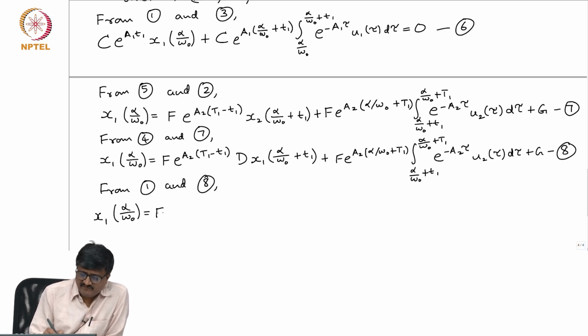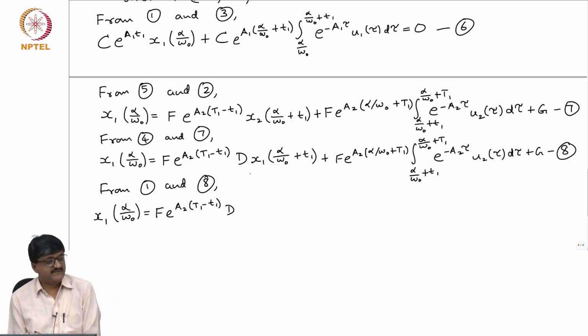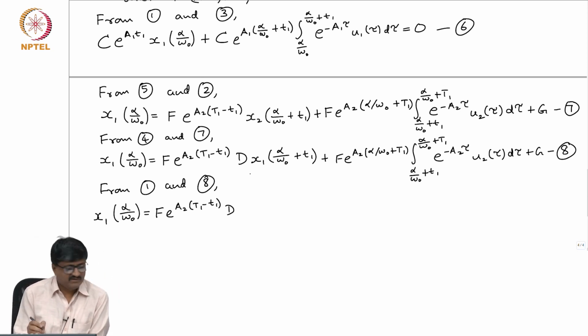So, it is F exponential A2 into T1 minus t1, D. Now, substitute for x1 using equation 1.